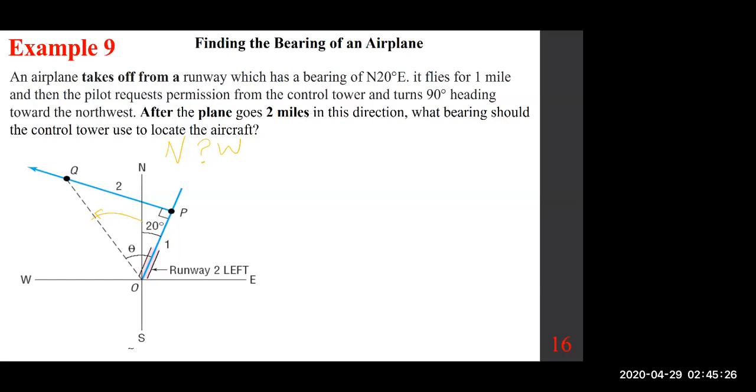OP is 1, and PQ is 2. So tan theta is the opposite, which is 2, over the adjacent, which is 1. Does that make sense, everybody?